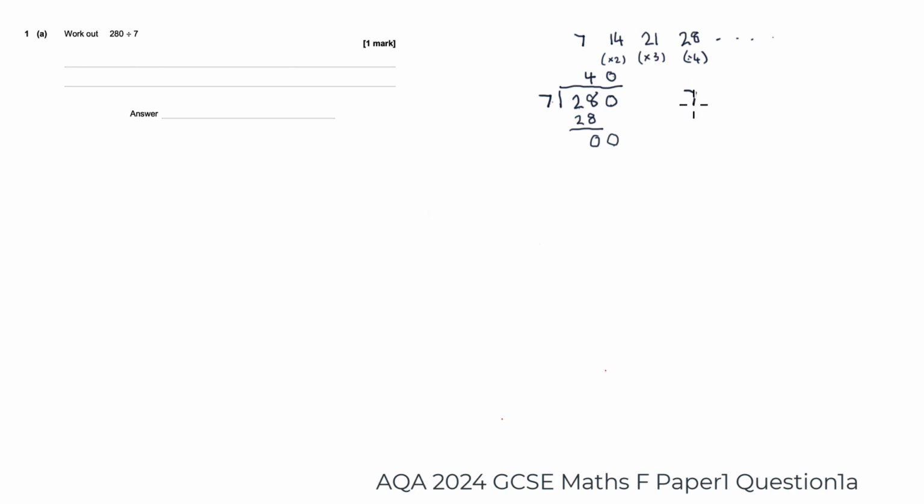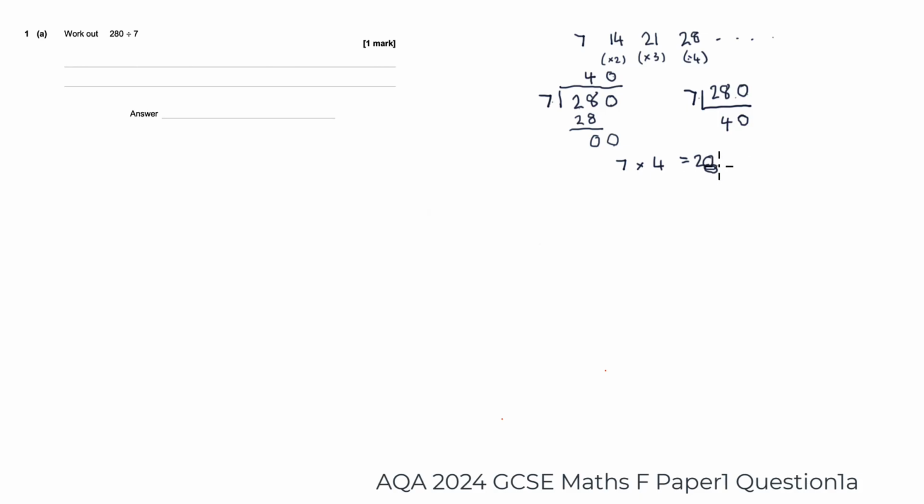Another way of setting it out would be that way, and you'd say 7 into 28 is 4, remainder 0, and 7 into this 0 just goes 0 times. Another way of thinking, you might be going 7 times 4 is 28. So how would we get 280?